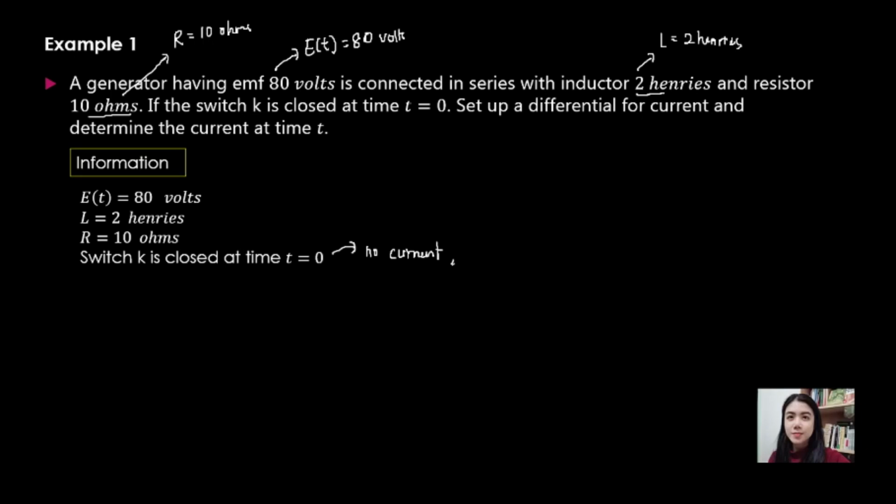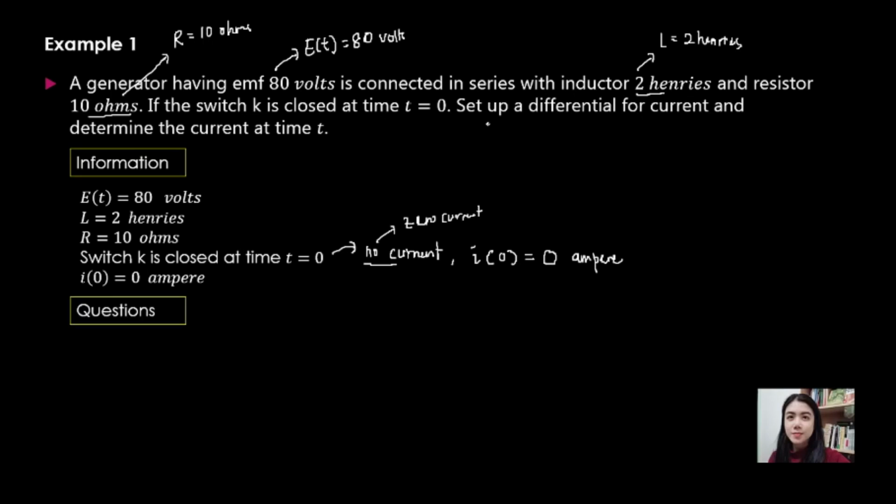The symbol for the current is I, so the current at time equal to 0 is equal to 0 ampere, because when we're talking about no current, it means you have 0 current. Then let's look at the question. The question asks us to set up the differential equation for the current and determine the current at time t.